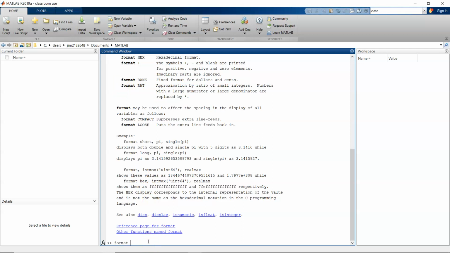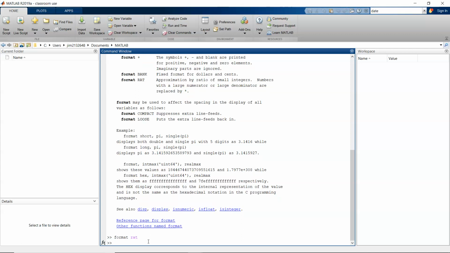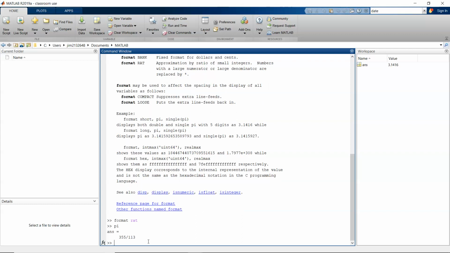So that's an interesting one. What is a rational approximation to pi? There you go. Rational just means fractions. If you want to see the number so it looks like a fraction, there you go.